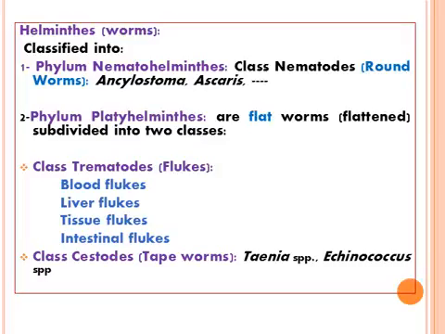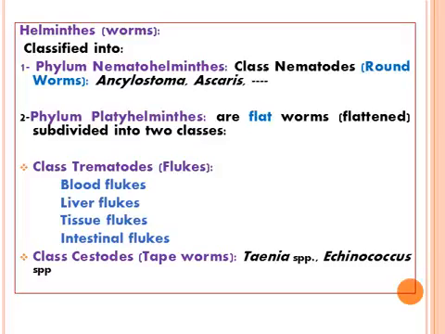It is subdivided into two classes. The class of trematode or the flukes is divided into four groups depending on the habitat. Blood flukes have their habitat in the blood vessels, like schistosomes. Liver flukes have their habitat in the liver or the bile duct, like Fasciola hepatica.